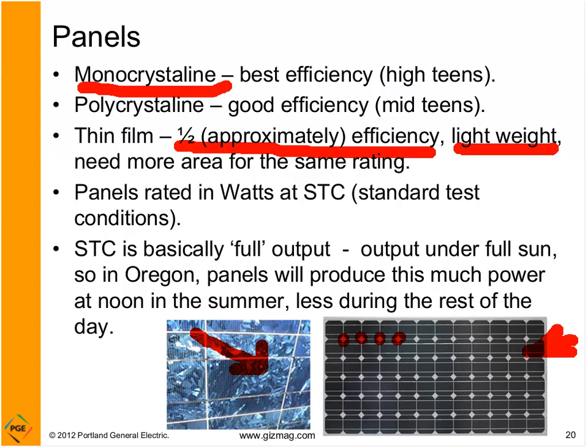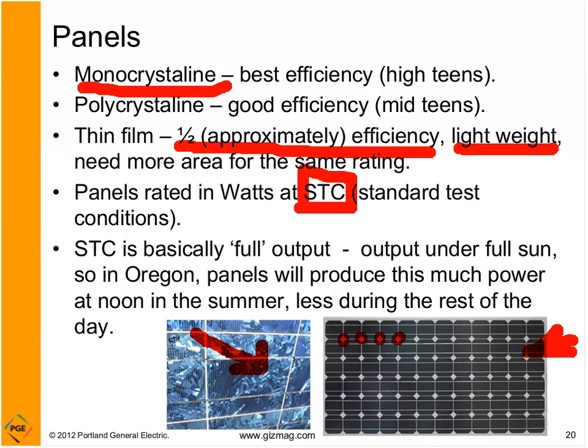I'll mention here that panels are rated in what we call STC, Standard Test Conditions. This is sort of like the EPA's gas mileage on cars. It's designed to give you a benchmark so you can compare panels from one manufacturer to another. STC is basically the full output of the panel. They actually put an artificial sun on the panel and measure the output.